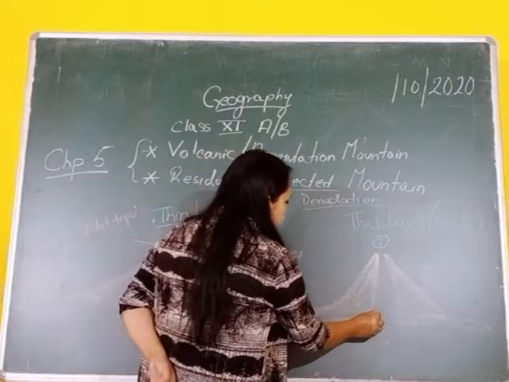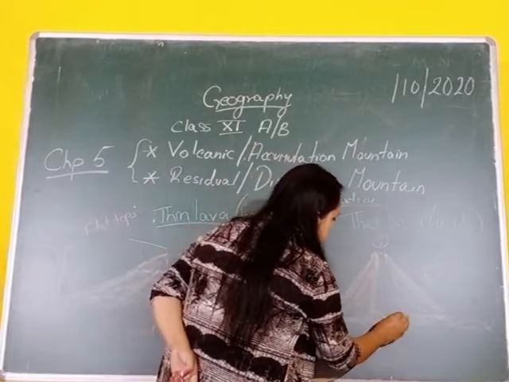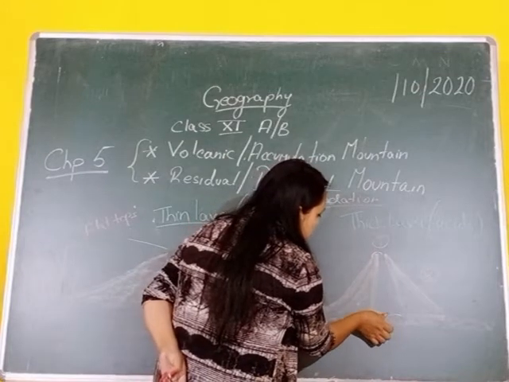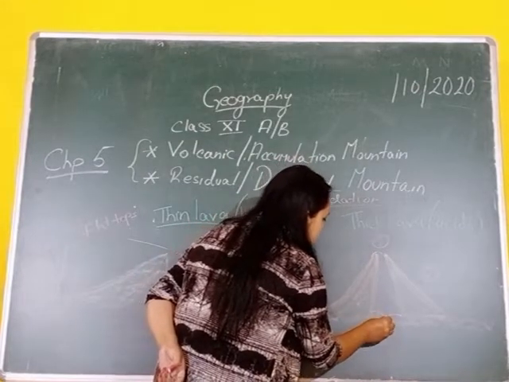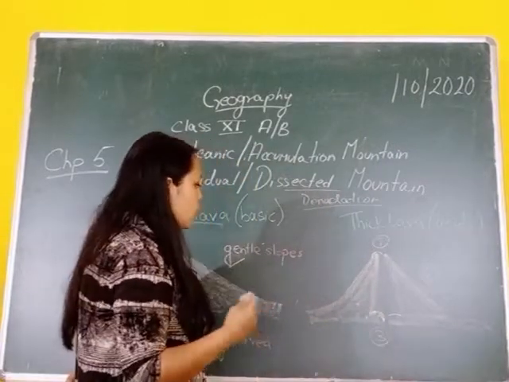So on the crater, this is the opening, initially it was a flat surface. Once the volcano erupted, because the lava is thick in content, it did not flow quickly.